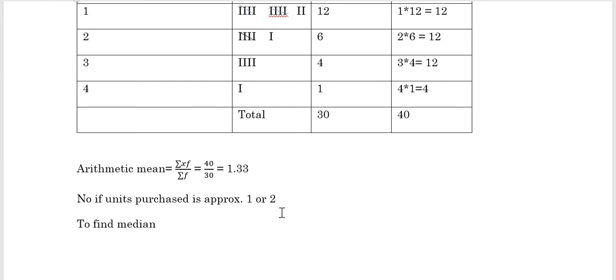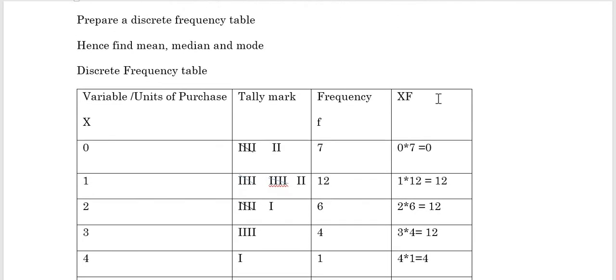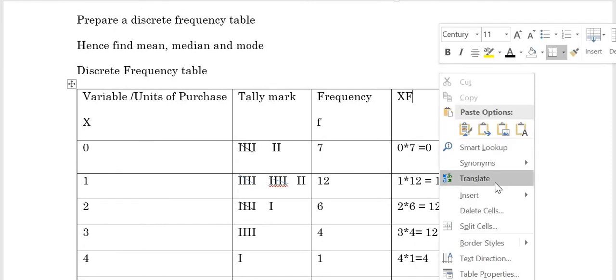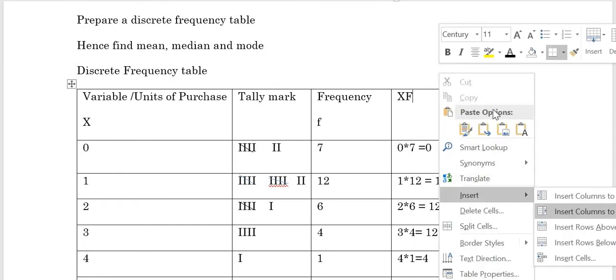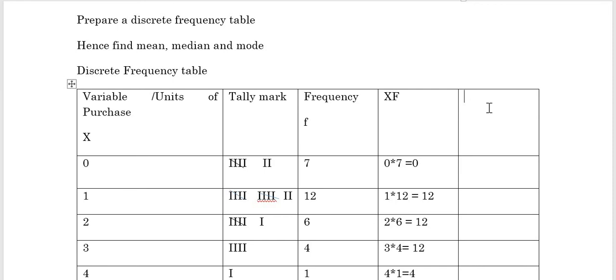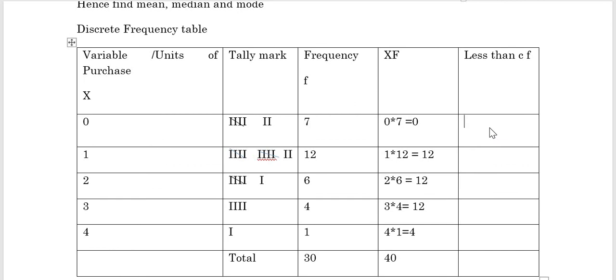So in the same table, let us compute the less than cumulative frequency. How many of them would have purchased less than or equal to 0 shirts? It is 7 of them.